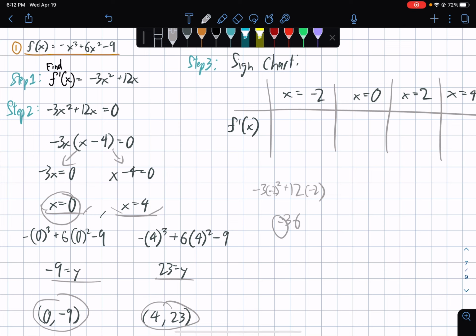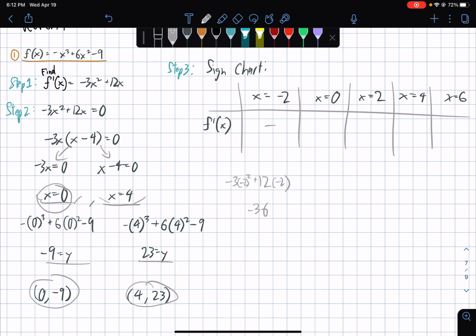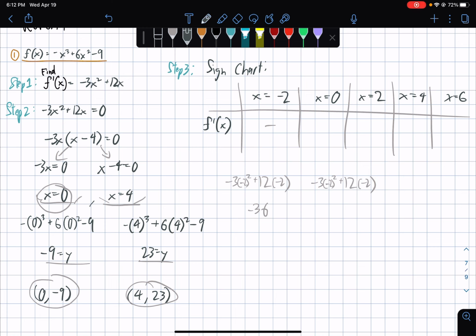And we just basically get the operation of what that number is. So it's a negative. For x equal to 0, the same thing. What do we get? We get 0. And for positive 2, we get positive 12.